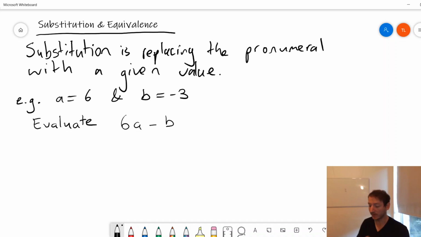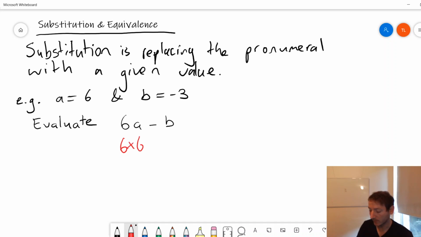And that means we're going to need to substitute in the values that we know, so the 6 and the -3, instead of the pronumerals, which are like question marks, things we don't know yet. So in red below, I'm going to write 6. Remember, when there's no symbol in the middle there, it means times.